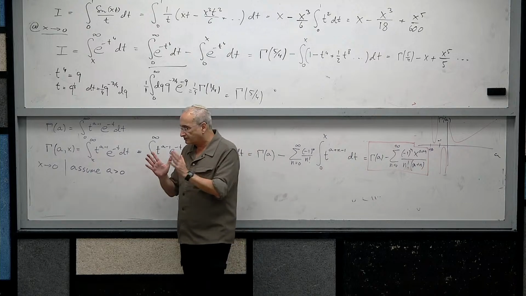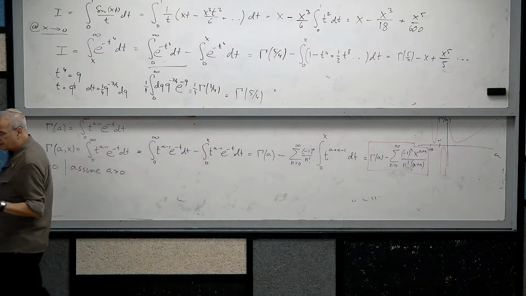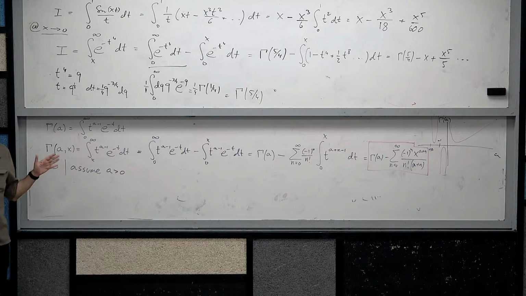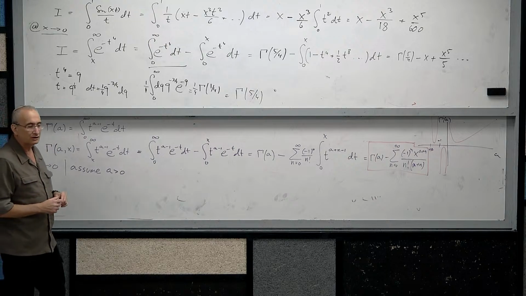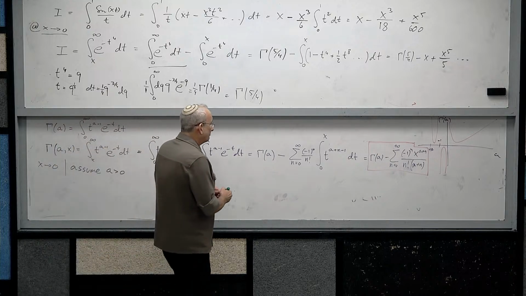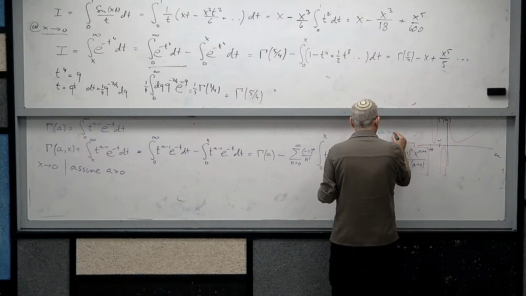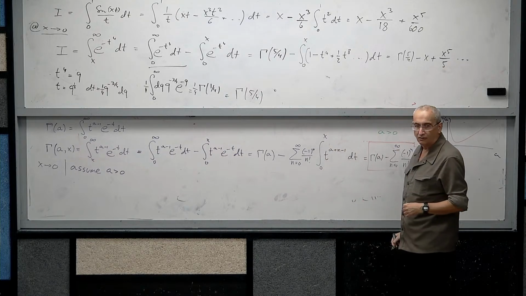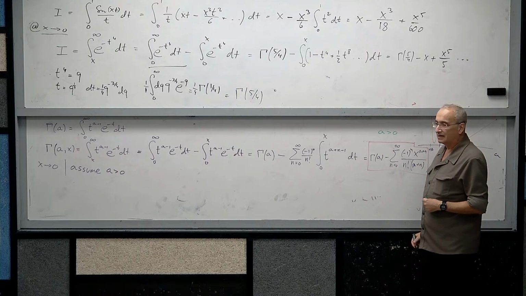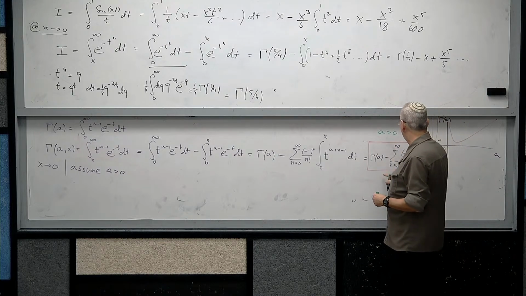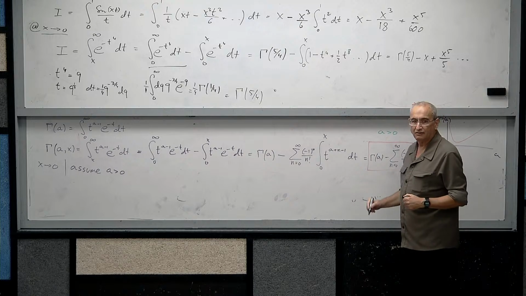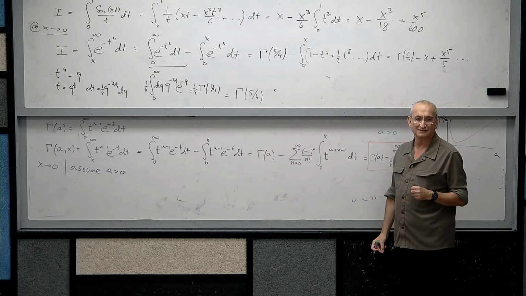So it's quite complicated, we can spend half an hour to explain it. But for the moment, you can find it in the book, in the Holy Book of Bender and Orszag. Although we obtained this for a larger than 0, it turns out that the same expansion is valid also when a is smaller than 0.